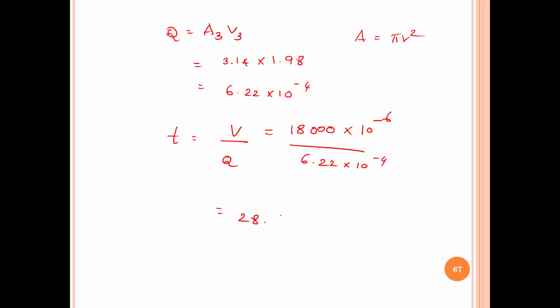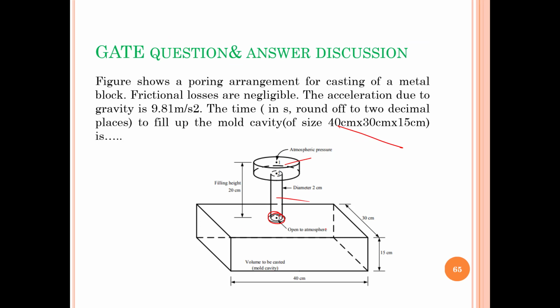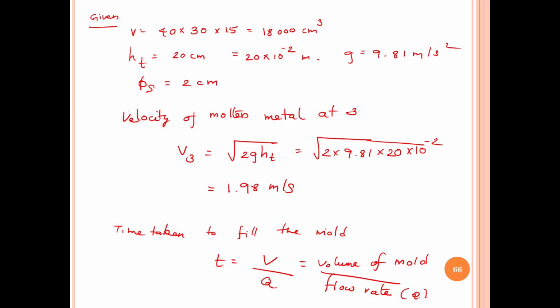So the time taken is this, and this is the answer for this question. So time taken is V by Q, where V is the volume of the mold divided by the flow rate. The flow rate we can calculate using the formula Q equal to area into velocity, and velocity is equal to root of 2gh.